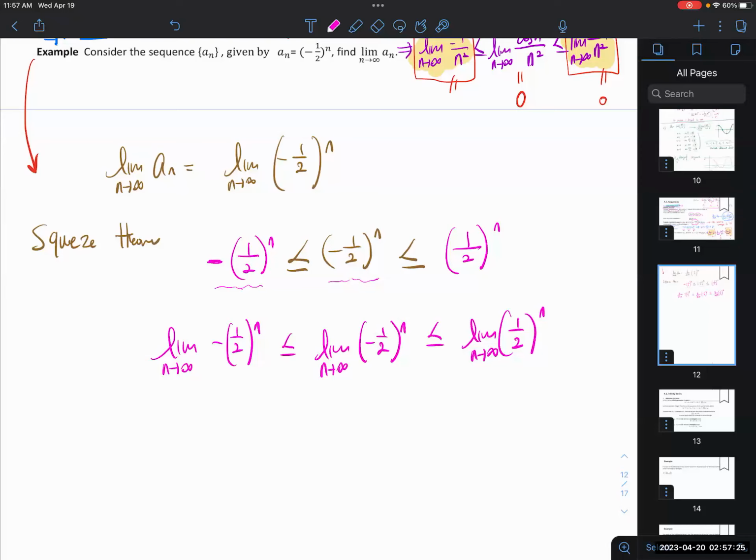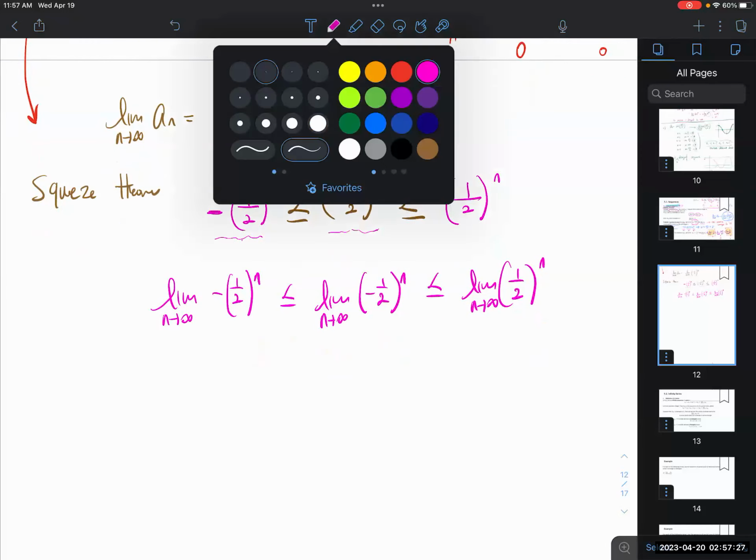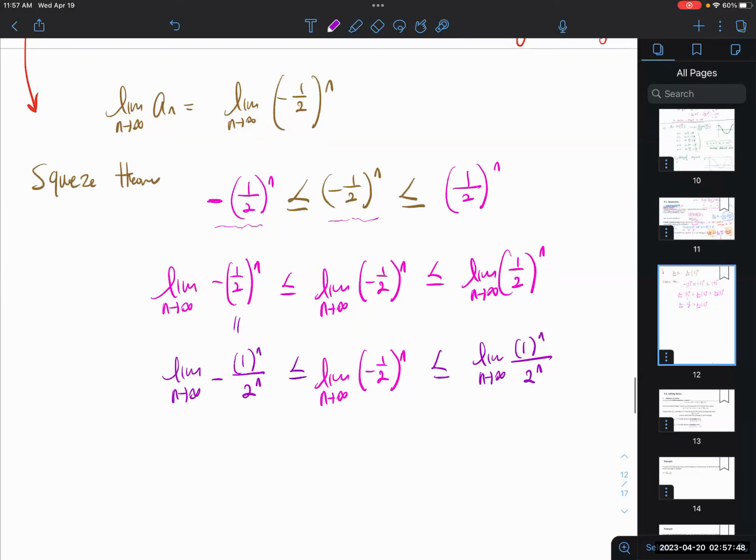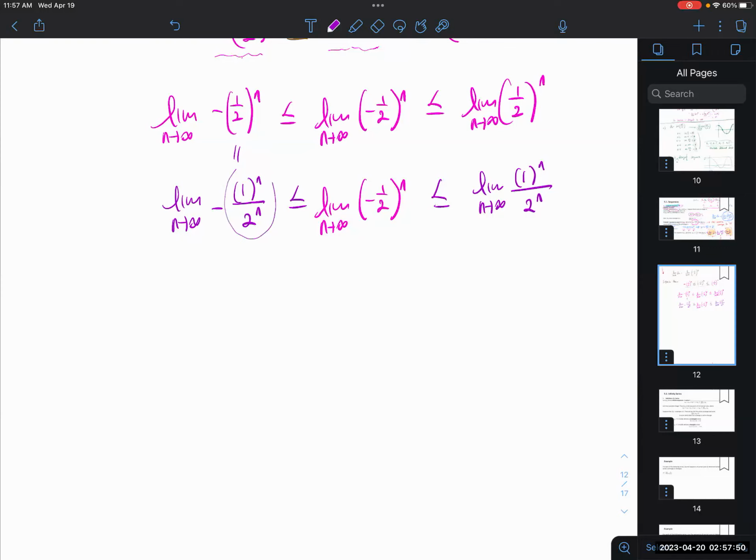So what happened? We just know where they're going to. So this means the limit of -1 over 2 to the n, and then we're going to keep this one, copy, paste, and the limit of 1 over 2 to the n, right? So this is getting close. If you go to decimals, if n is 1, it's going to be negative one half. If n is 2, it's negative 1 over 4.